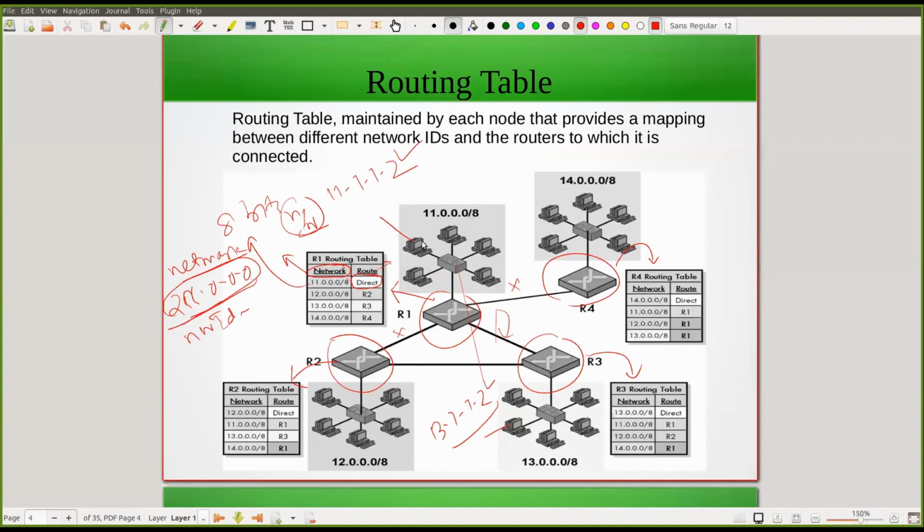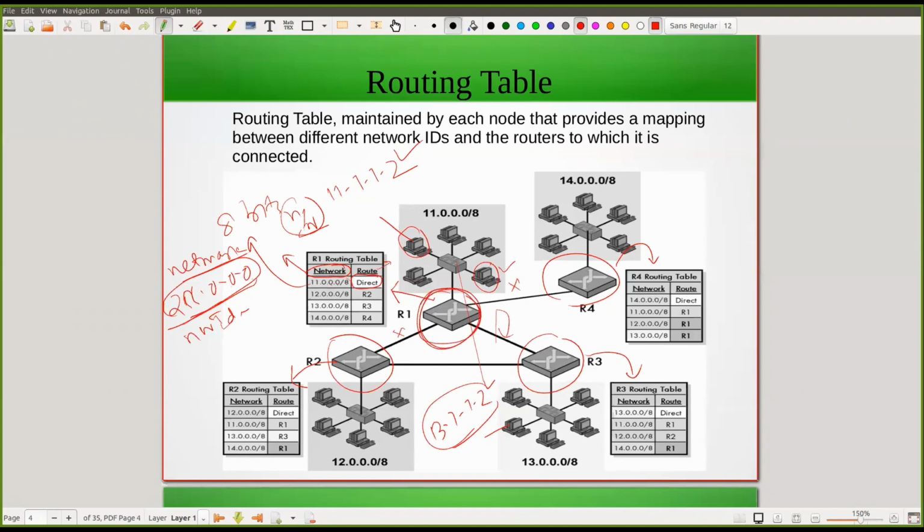Let's say at this router, one packet is being sent from here to here. In this case, I do not need to send the packet to the router. But let's say this machine has sent a packet ultimately to this device, and the packet is already received at the router.